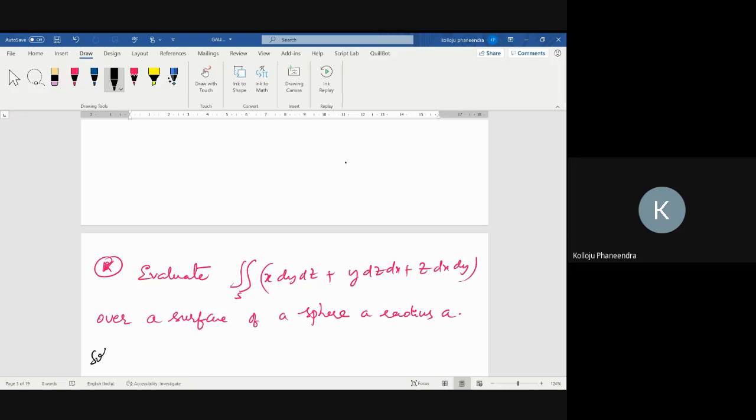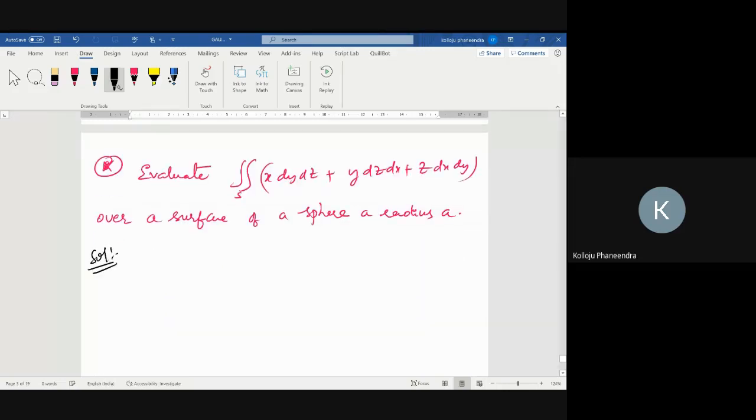Solution. Now observe this integral. Is it a direct form, double integral over S of f bar dot n bar dS? No. This is another form of Gauss Divergence Theorem. I will write the other form of divergence theorem.